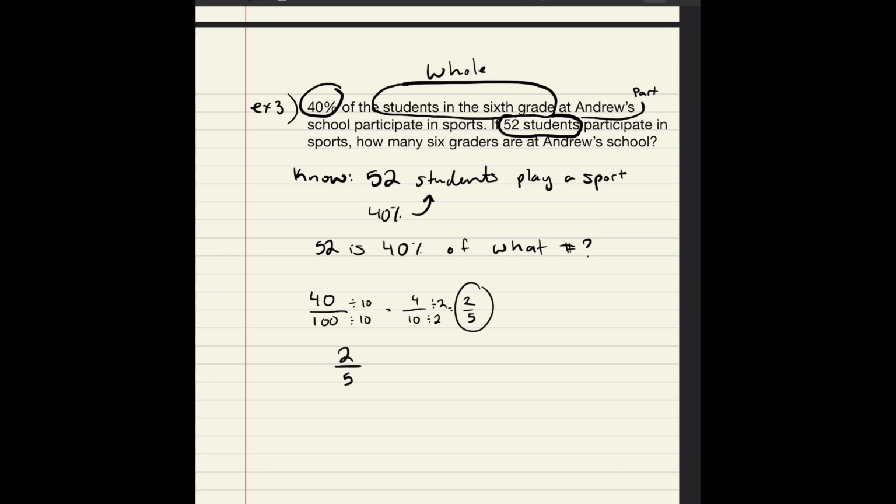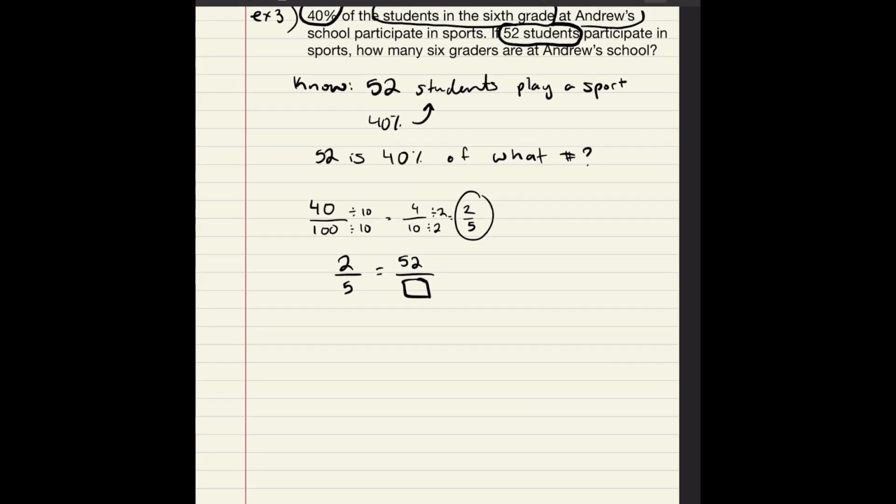So we have 2 over 5 is equal to 52 over our unknown. So we can cross multiply. 2 times the unknown is 2 times unknown. And 52 times 5. 5 times 2 is 10, carry the 1. 5 times 5 is 25, add the 1 is 26.